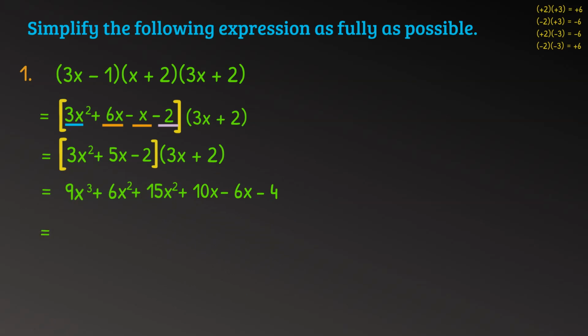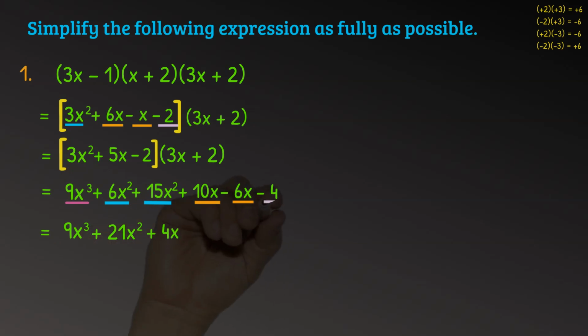And finally, we can combine all the similar terms together. So we have 9x cubed, we have two terms that contain x squared, giving us plus 21x squared. We have two terms containing x, which gives us plus 4x, and there's only one constant, which is minus 4.